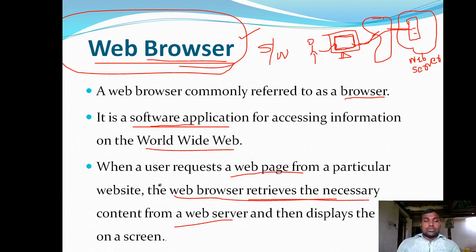So the web browser receives a request from the user. When a user requests a particular web page, the web pages are available in the World Wide Web, in the web server. Those web pages are retrieved from the web server and displayed on the user's browser so that the user can gain whatever he wants.